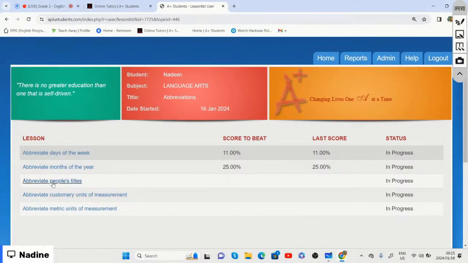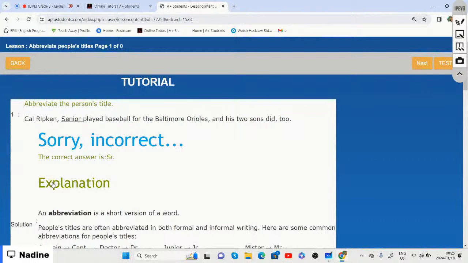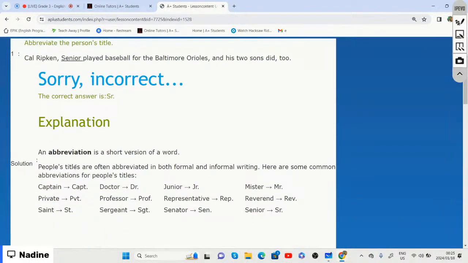All right, and we're going into abbreviating people's titles, right? We made mention that people's titles are often abbreviated in both formal as well as informal writing. People's titles need to be written with a capital letter, and it's a shortened version of a specific word, and it ends with a period.